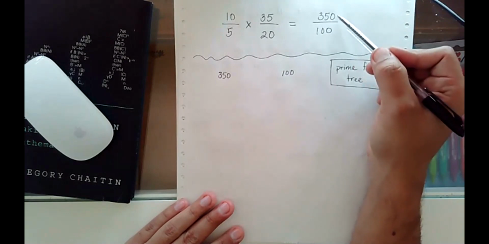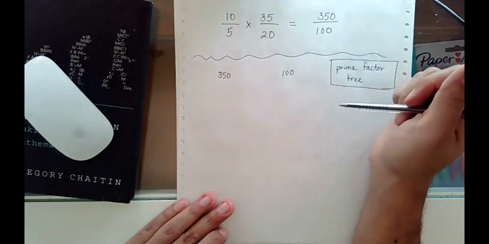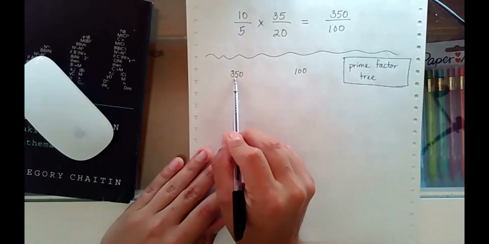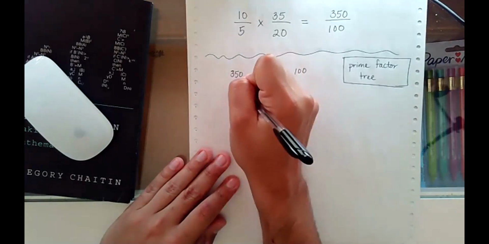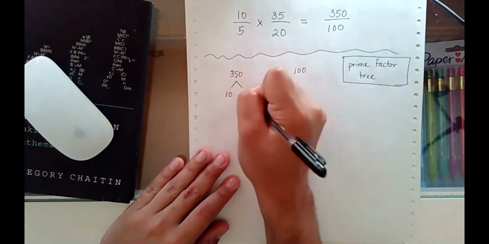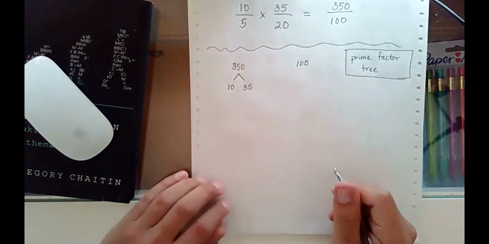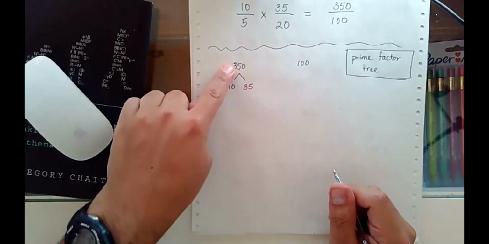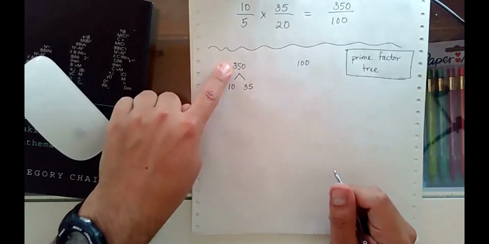If these are large numbers, sometimes it's hard to determine when do we stop. Okay, so let me go ahead and say, okay, 350, we used 10 times 35 to multiply those out. Okay, so in some sense, 10 times 35 is 350.